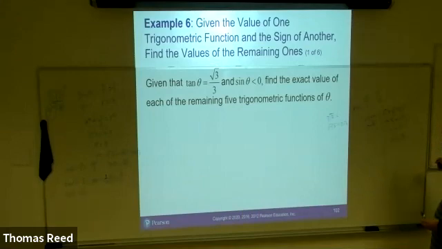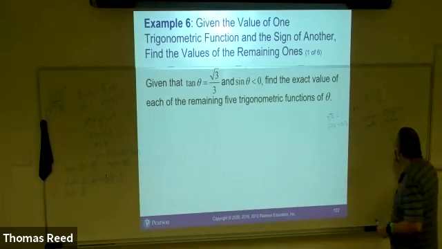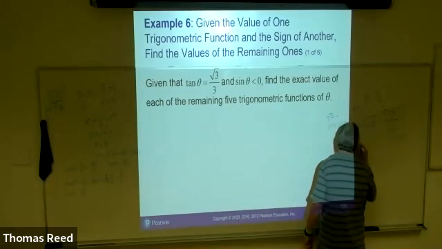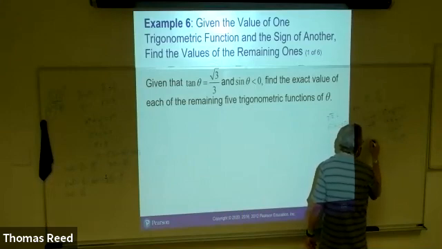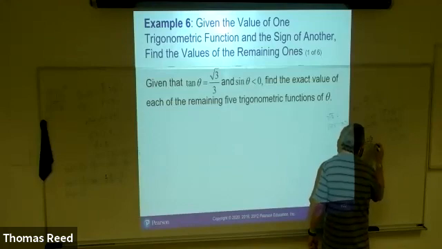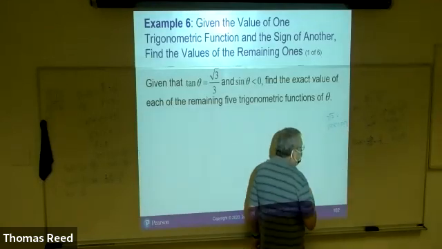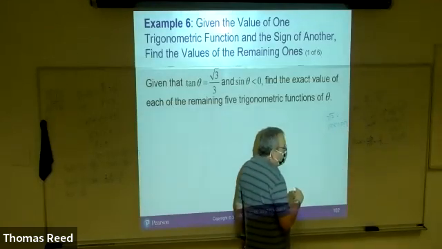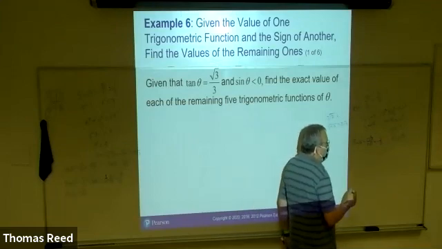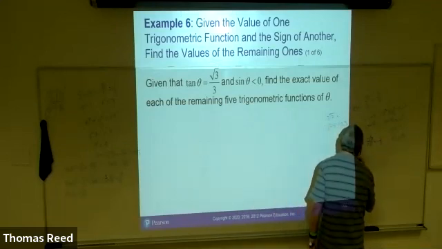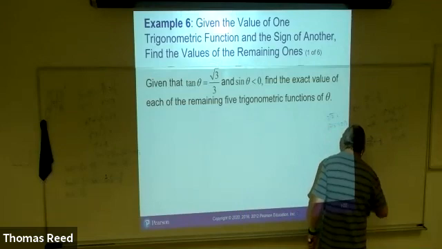So sine is y over r. So sine of theta in this case is going to be a negative square root of 3 divided by 2 times the square root of 3, which simplifies to a negative 1/2. Cosine is x over r.